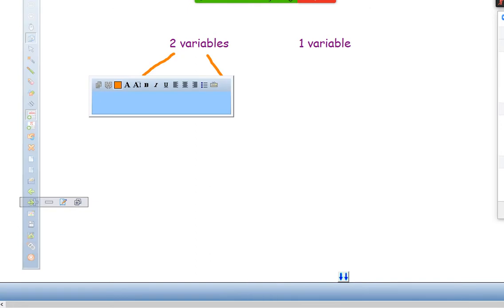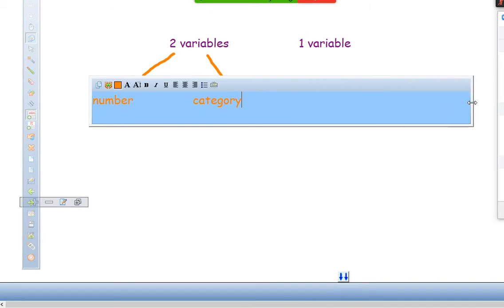It's either going to be a number, or it's going to be a category. Same thing is true over here. It's either going to be a number, or category, or a number. I'm going to do it reverse.